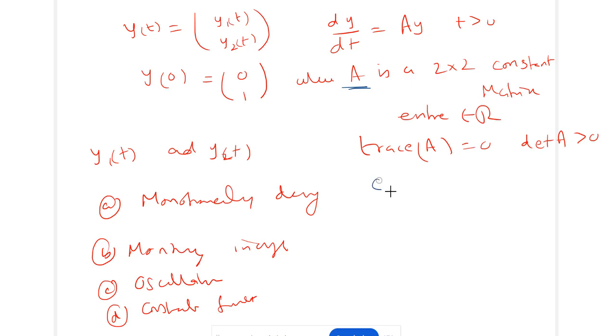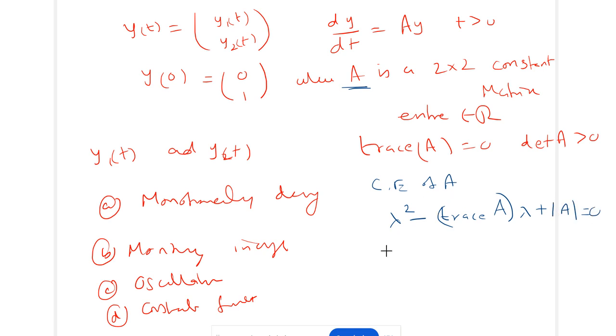So the characteristic equation of A is of the form lambda square minus trace of A into lambda plus determinant of A equal to 0.